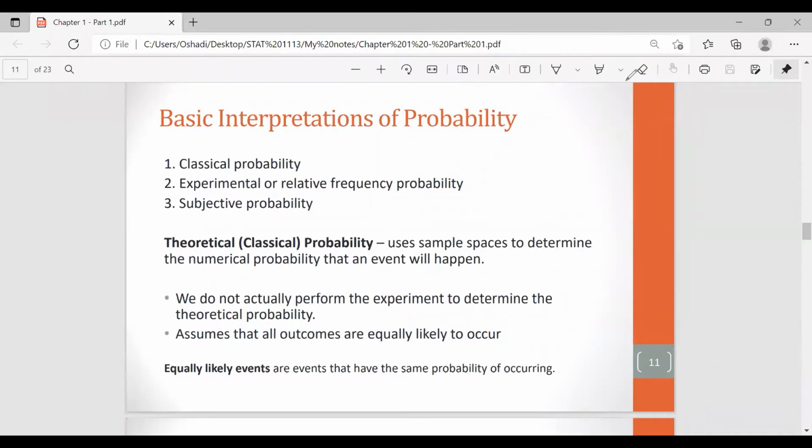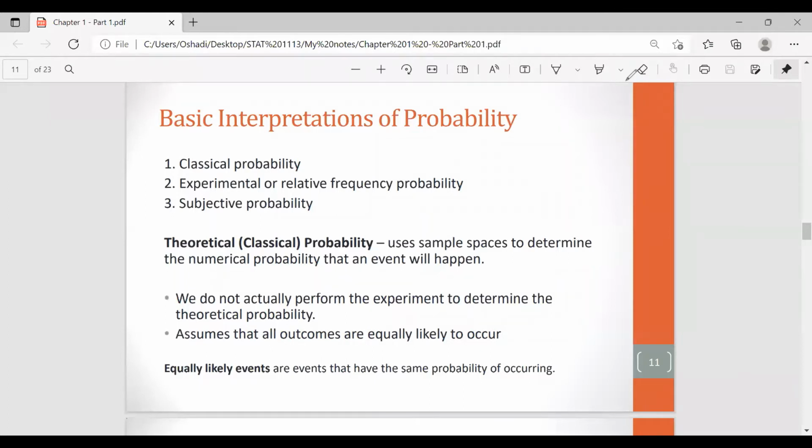So in classical probability, we use the sample space to calculate the numerical probability that an event will happen, right? In classical probability, we do not actually perform the experiment to determine the theoretical probability.